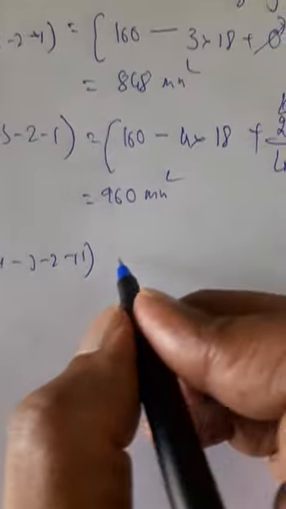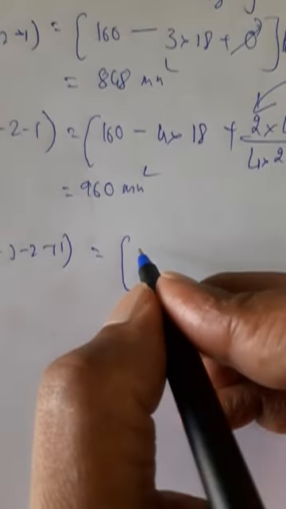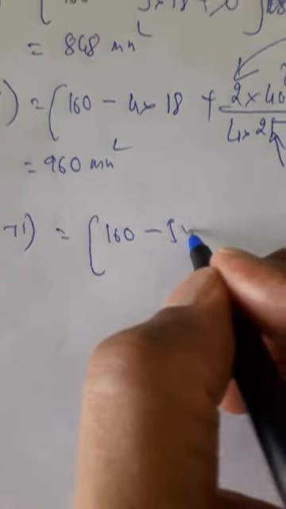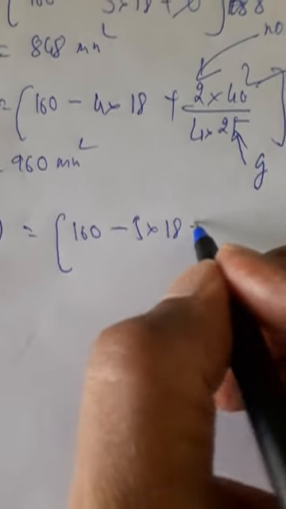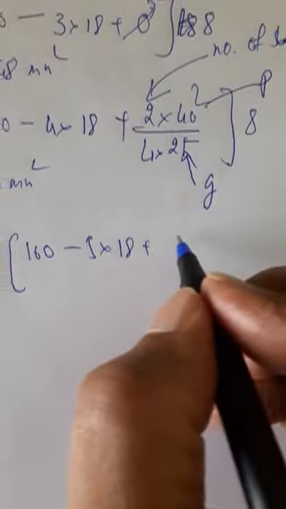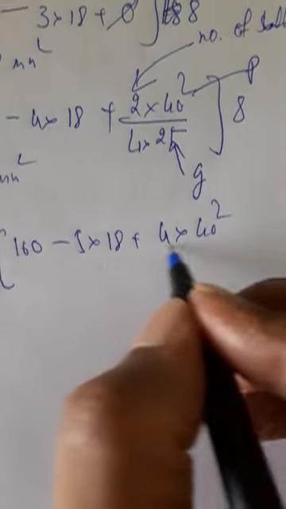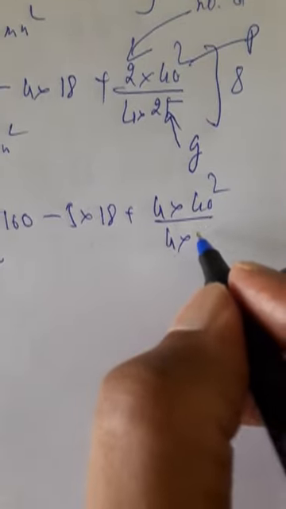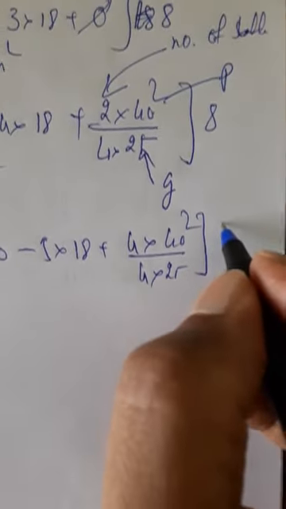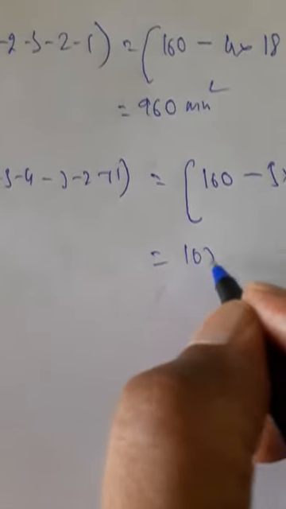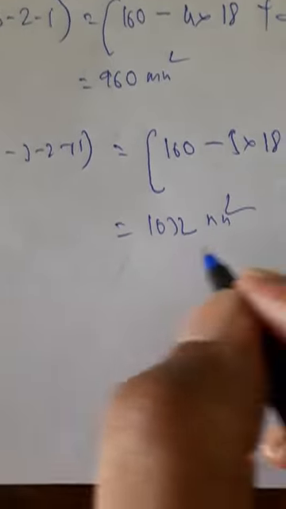So substituting the values, B is 160 minus number of bolt holes 5 into D0 18, plus number of slant lines 4 into pitch square 40 square divided by 4 into gauge distance 25, into thickness 8. Solving this you have the answer 1072 mm square.